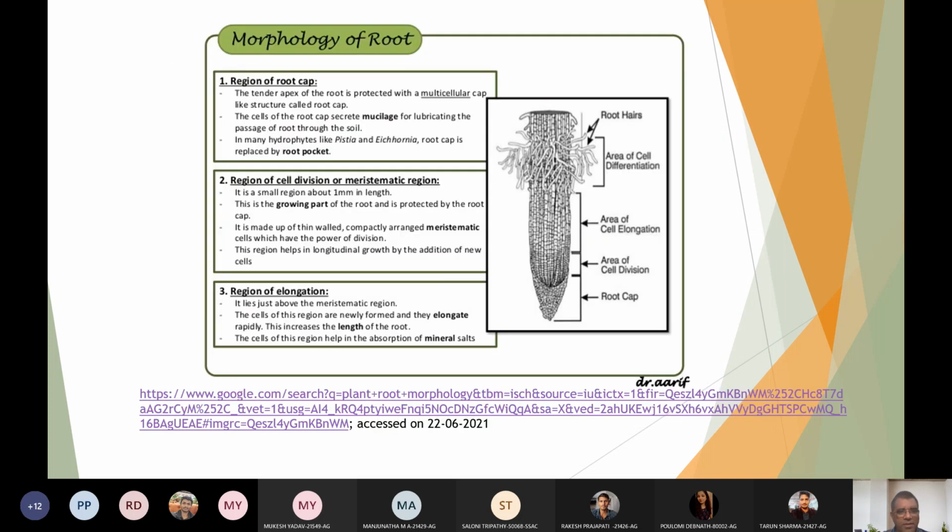So you can see here the picture of the root. All these parts are able to absorb the nutrients. It's not just root hairs, other parts of the plant root also absorb nutrients, whether it is the area of cell division, area of cell elongation, or area of cell differentiation on which you get root hair. So it is like this.